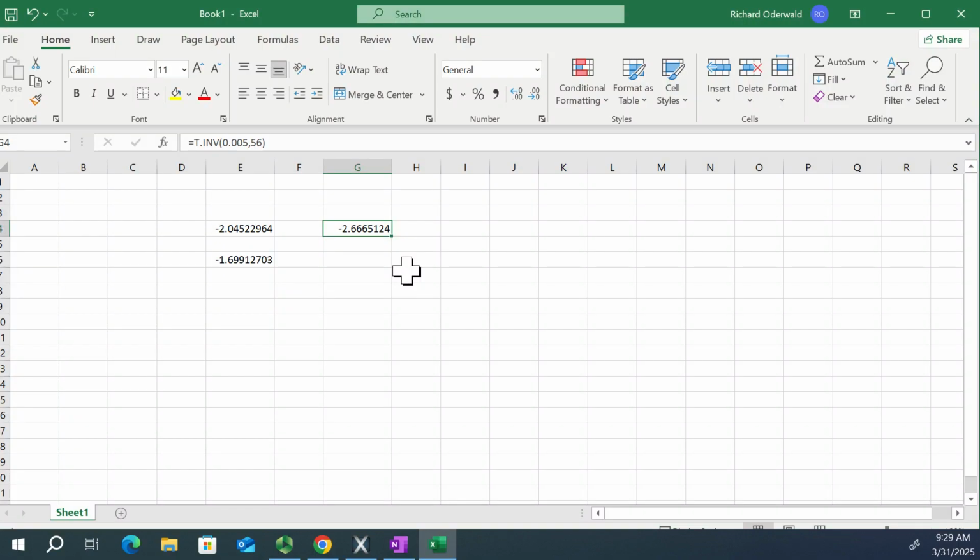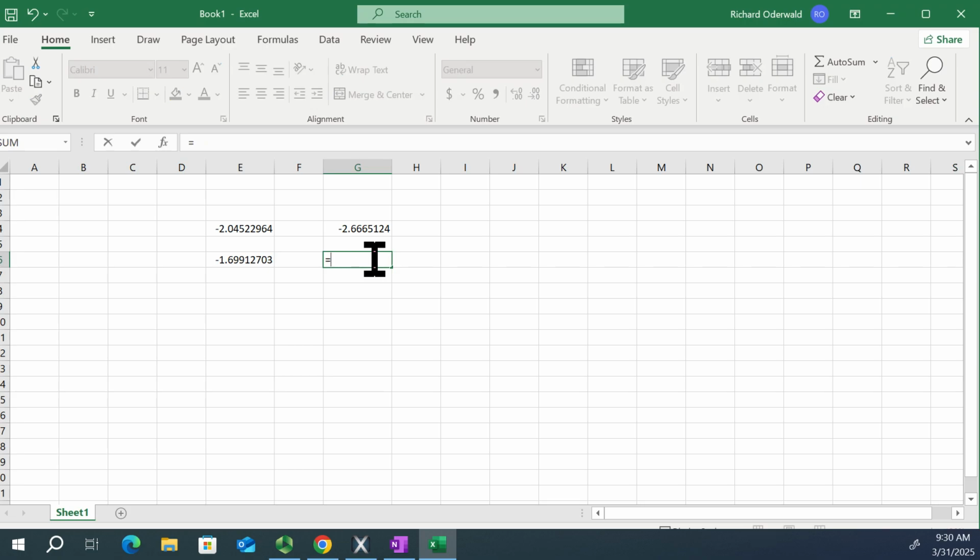How much have I got in the middle? If I got 0.01 outside on both ends, what's in the middle? 0.99. I need to look up 0.995. I add my 0.99 to the 0.005 to get the upper end.